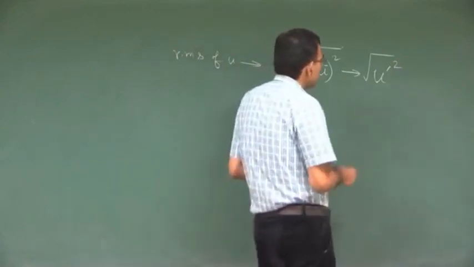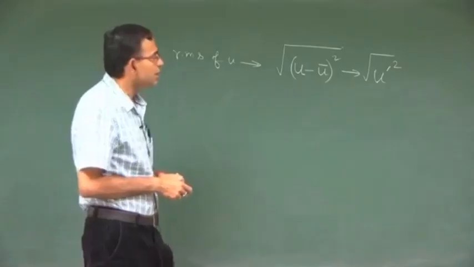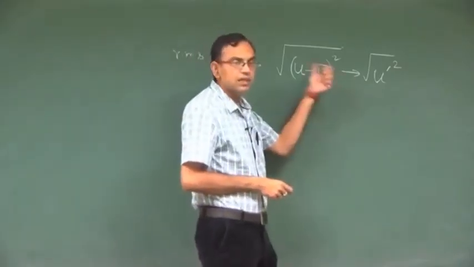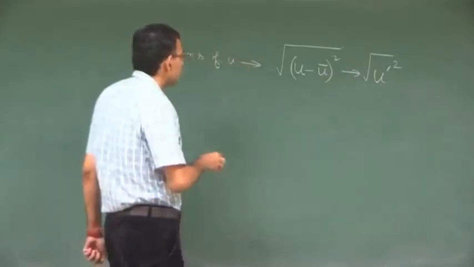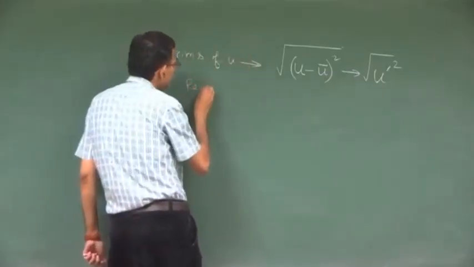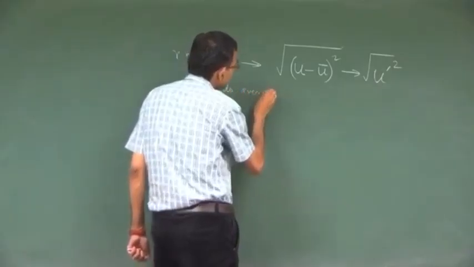Now we can formulate the Navier-Stokes equation by decomposing it into the mean and the fluctuating component, and this is called Reynolds averaging of the Navier-Stokes equation.